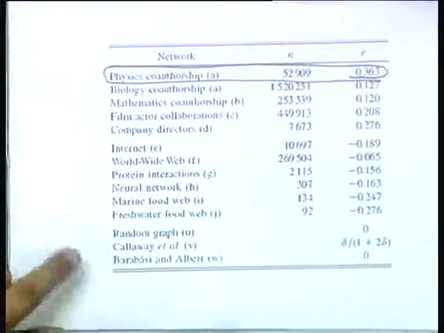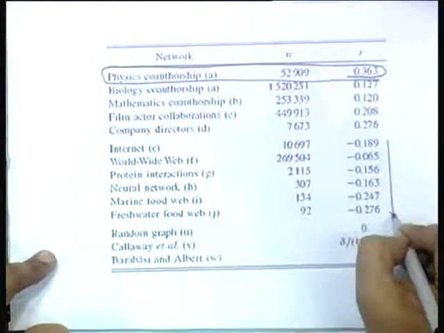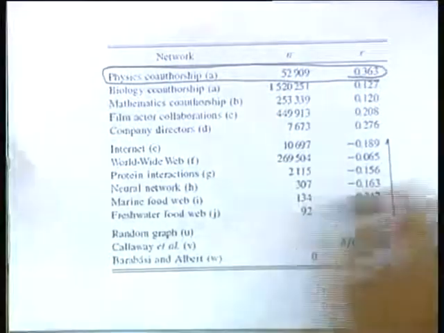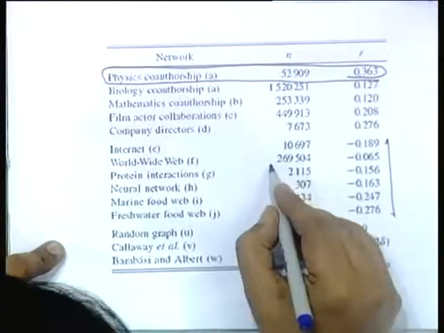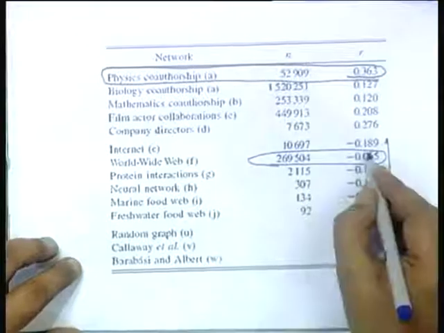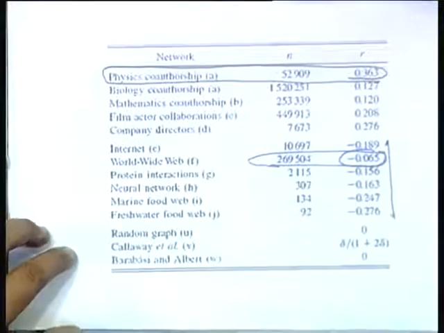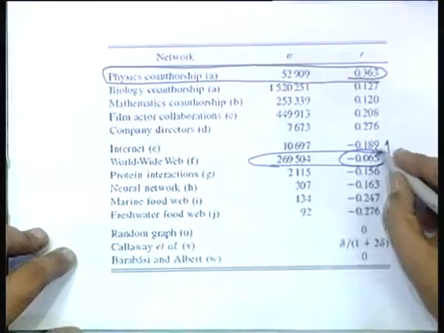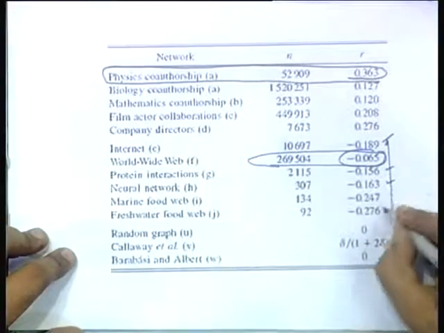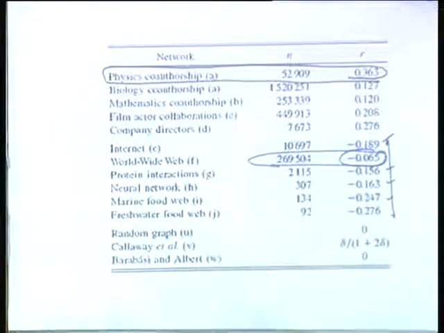But see this value for the World Wide Web, among all these values. What is it showing? It is much less negative than all the other values. It is close to 0. Can you guess why this is happening?